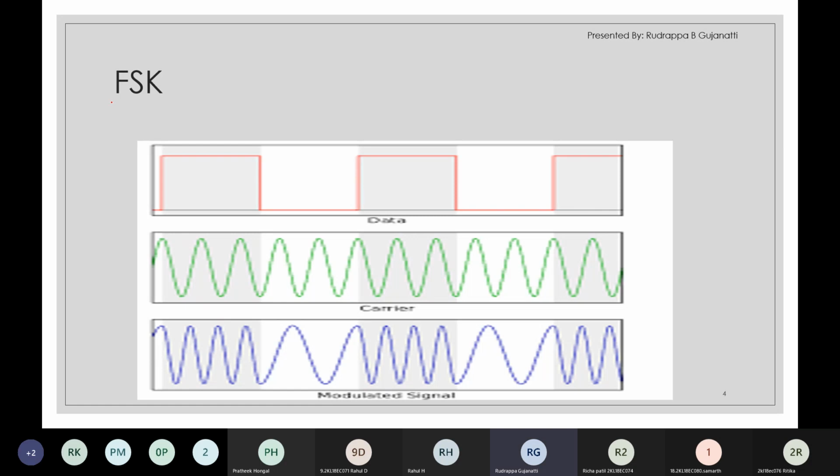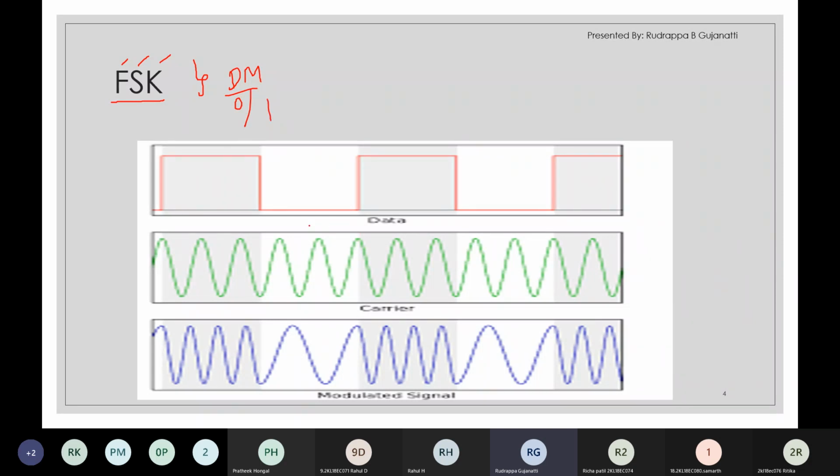The first point we need to discuss is FSK. FSK is frequency shift keying, and it's a digital modulation technique. Why is it digital? Because the message signal used for modulation is binary, in the form of zeros and ones.